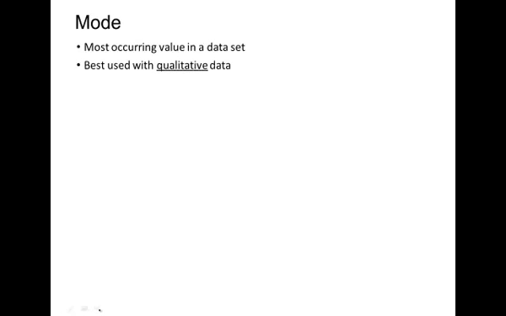Okay, the mode. The mode is the most frequently occurring value in a data set. And it's best used with qualitative data. And by that I mean if you have qualitative data, let's say eye color: green, blue, brown, right?